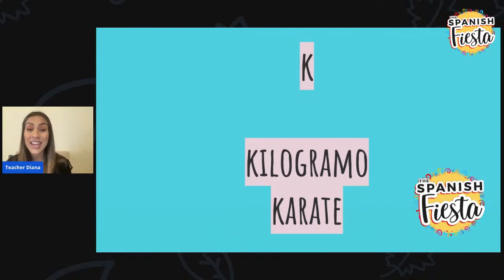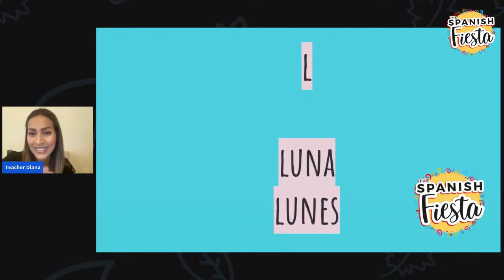Try not to do that with the air. There's no air coming out of our mouths in Spanish. Kilogramo, K. There must be some air, but it's definitely different. It's definitely less. Let's try to hold it. Kilogramo, karate. Excellent.